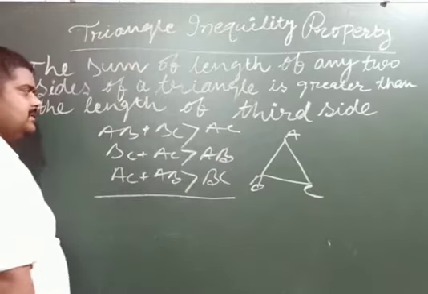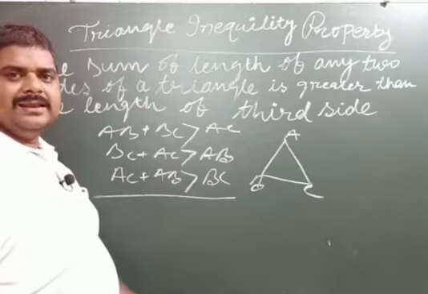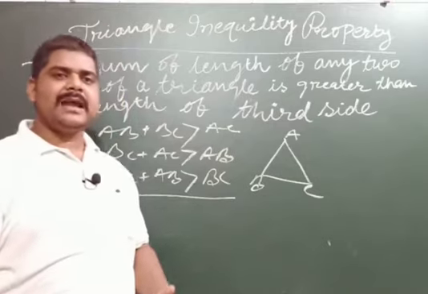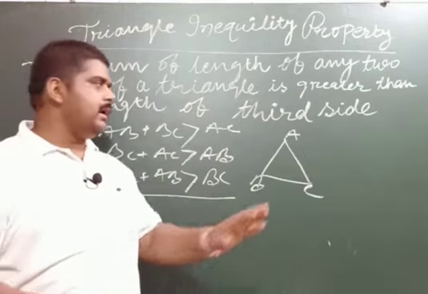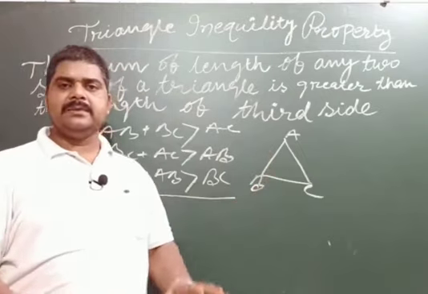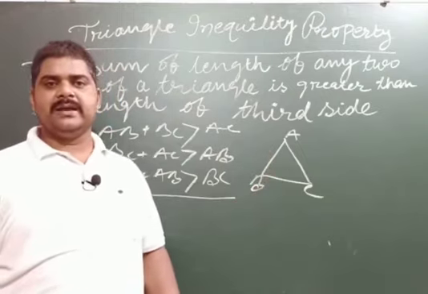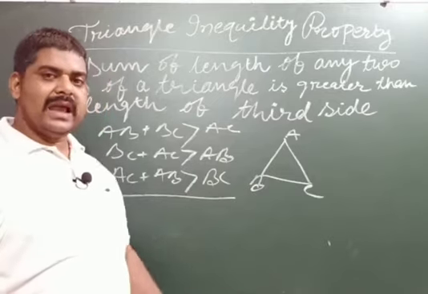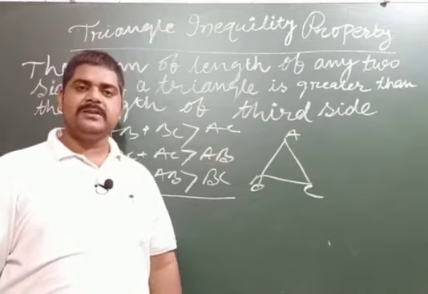This property is known as the triangle inequality property. In some questions, the lengths of the sides are given, and you have to find out whether the triangle is possible; then you have to use the triangle inequality property.